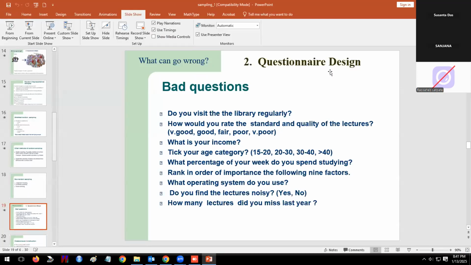Now in questionnaire design, suppose you are conducting a survey in the market. Here are some examples I have presented. Do you visit the library regularly? If this question is asked to students, the answer is always yes. That's why this kind of question should be avoided. How would you rate the standard and quality of lectures? Very good, fair, poor, and very poor.